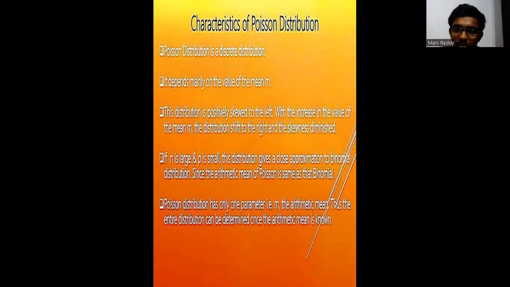This distribution is positively skewed, and with the increase of the value of mean m, the distribution shifts to the right and skewness diminishes. If n is large and p is very small, the distribution gives a close approximation to the binomial distribution. Since the arithmetic mean of a Poisson is the same as the binomial, the Poisson distribution has only one parameter m. Once the arithmetic mean is known, the entire distribution can be determined.